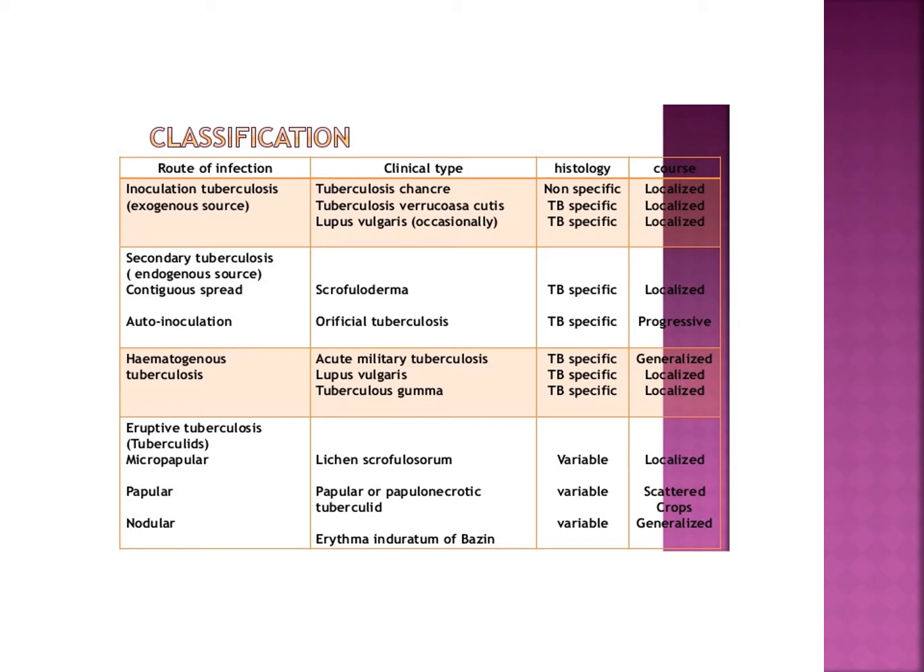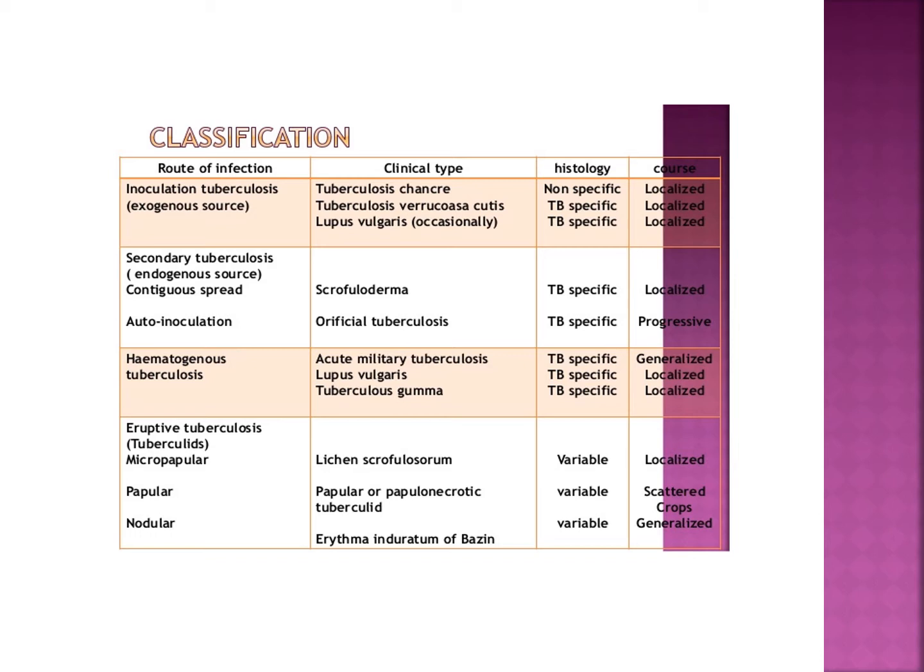So it is manifested locally on the specific area, or it can spread from the lymph nodes to the skin in the form of sinus formation, which you clinically see in scrofuloderma, a secondary type of tuberculosis.